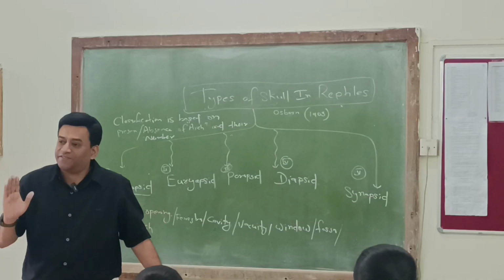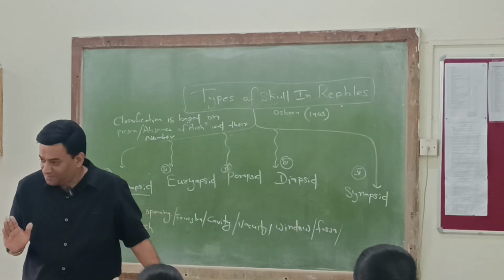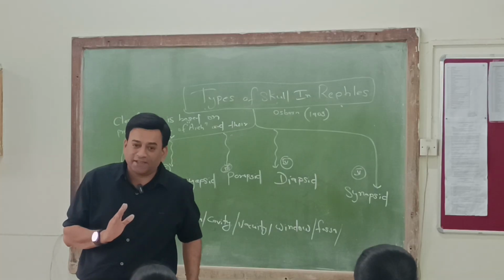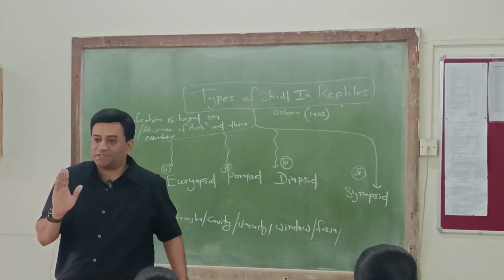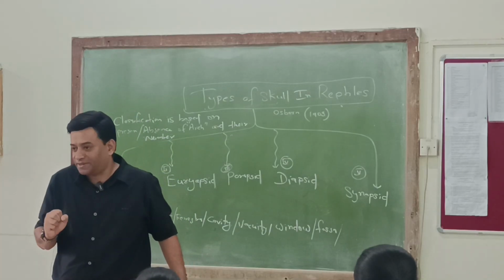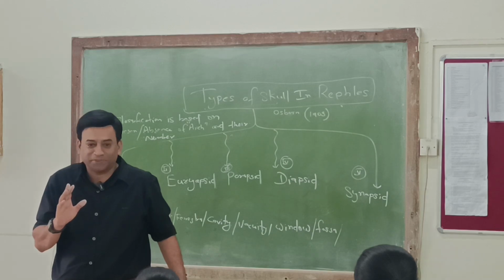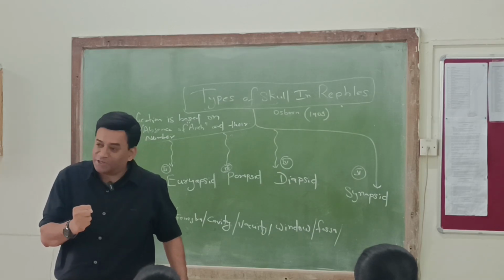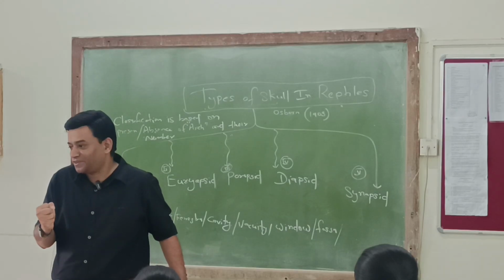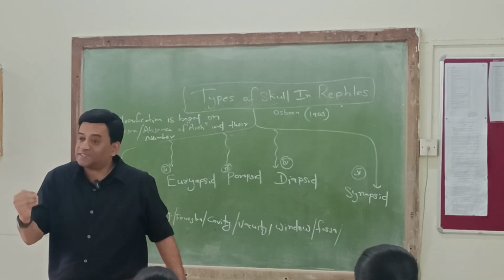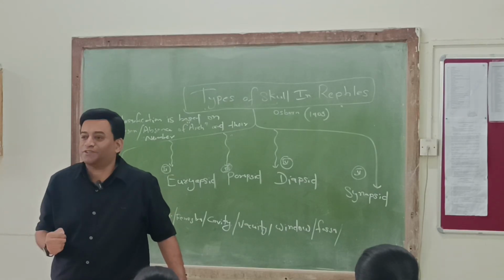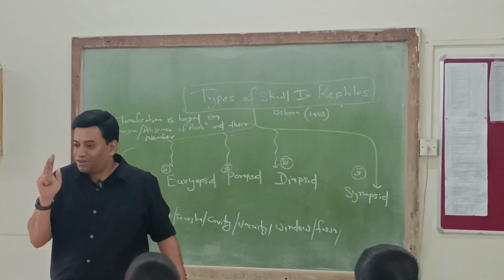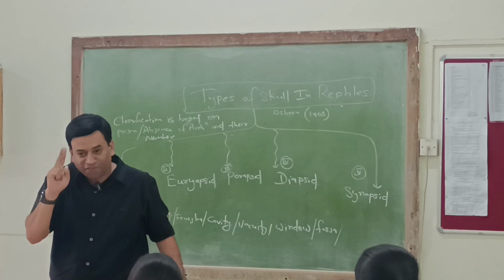But when you come properly on the land, there is only one way to feed, and that is to capture the prey, get hold of the prey and then crush it between your teeth. For that you need strong jaws, you need a strong skull, you need some place where the muscle can join, and for that you need some vacuities or holes. The vacuity or the hole solves two purposes.